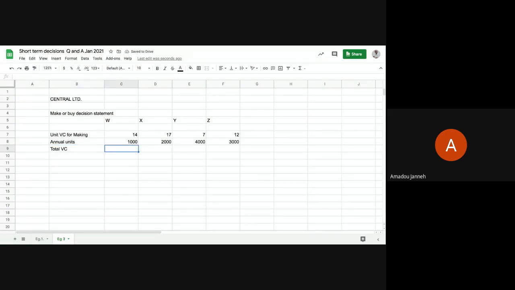What formula should we put here? What formula should we put? Alaji, are you with us? Nima, what formula should we put here?